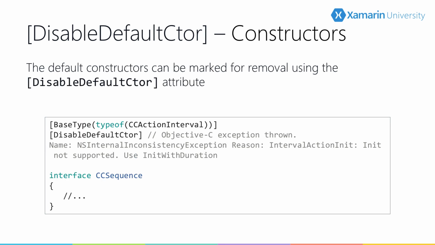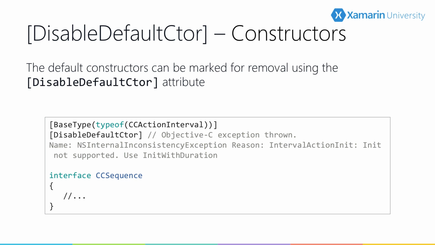You go about this by adding the DisableDefaultCtor attribute to your API definition. This is going to make sure that the constructor is not emitted. If a constructor is left in your API definition, the consumer of your code will be faced with an exception. Examples of this can be seen in HealthKit and HomeKit, where classes without default constructors are available.